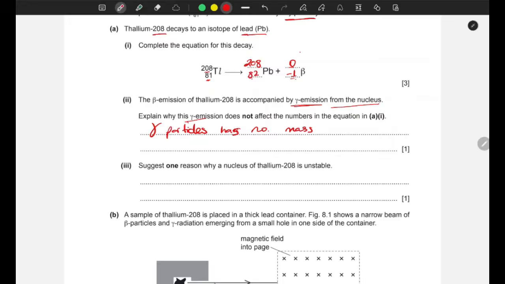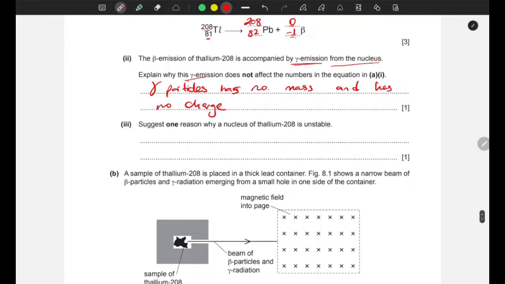No mass means it doesn't affect the upper numbers, these two numbers over here. And it has no charge, so it won't affect the bottom numbers over here.